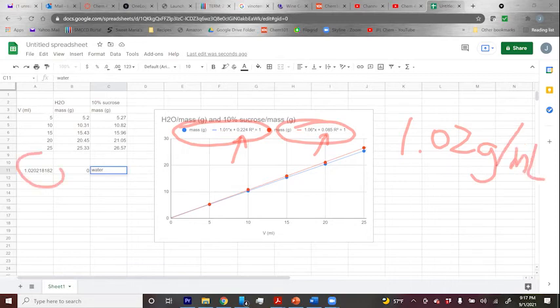You can see my density would have been even closer if I hadn't put it through 0, because the original slope was 1.01 grams per mil. But that's pretty close. If you consider that's a 2% error, right? We should get 1. So if you get 1.02, that's pretty good. So we should be able to get the density of water pretty close.